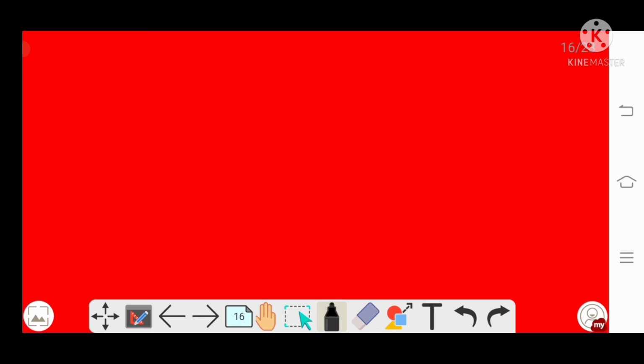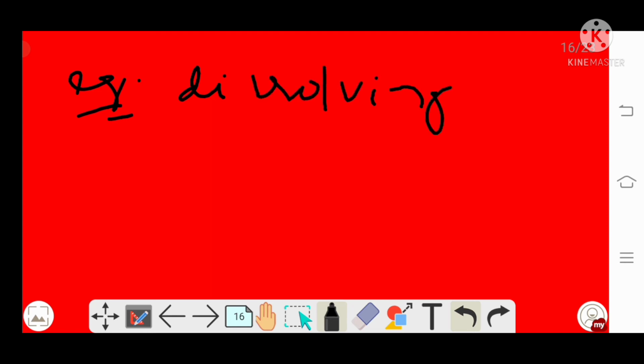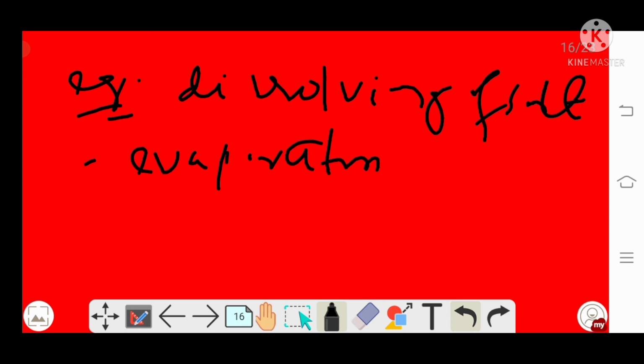So what are the examples of endothermic reactions? Dissolving of salt in water, evaporation of water, and photosynthesis.